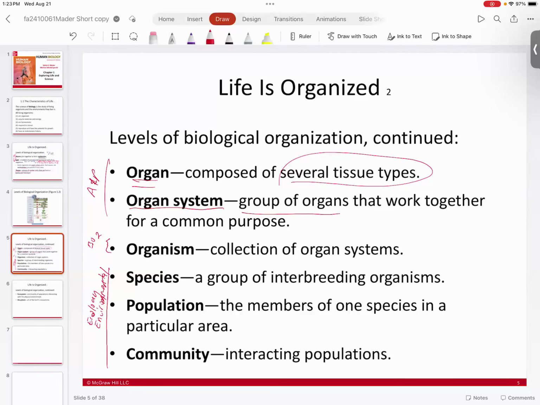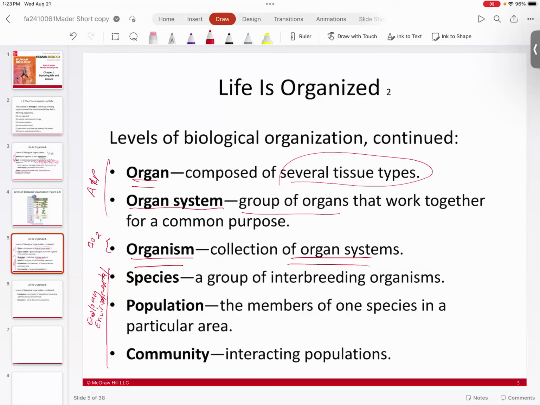And then when you collect a bunch of organ systems like us, you end up getting an organism like us. So we are collecting nervous system, endocrine system, digestive system, cardiovascular system, respiratory system, reproductive system, the immune system. We have a bunch of systems that come together, and that forms us, the individual. Now, once you move beyond organism, you get to the idea of species.